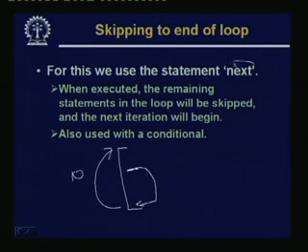So, you have a construct called next. When executed, the remaining statements in the loop will be skipped and the next iteration will begin. The usage of next is also identical: you will have to use it with a conditional, next followed by a condition. Okay. Fine.